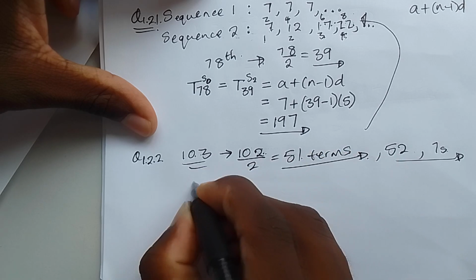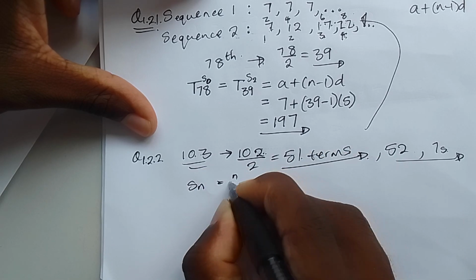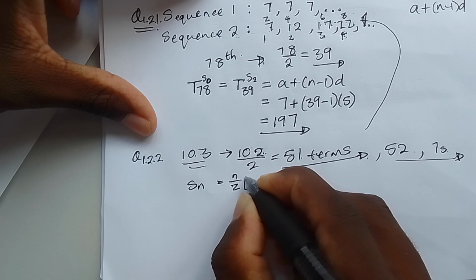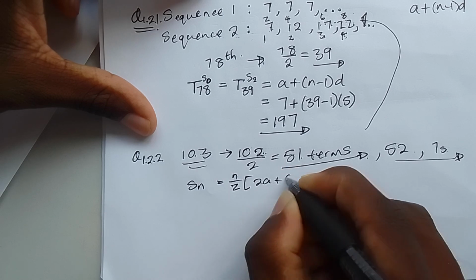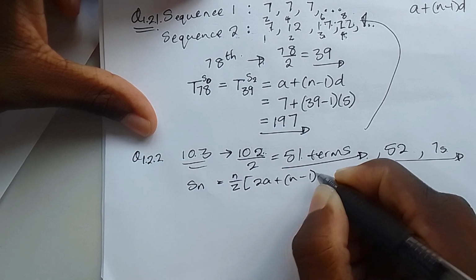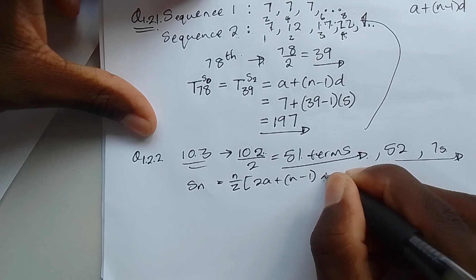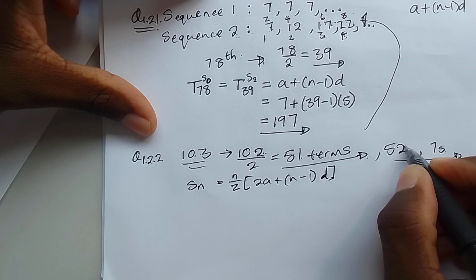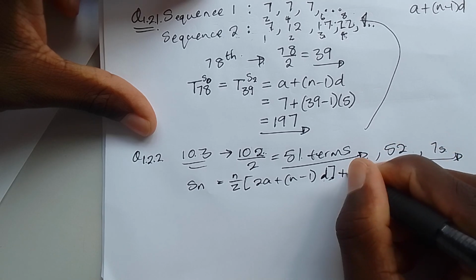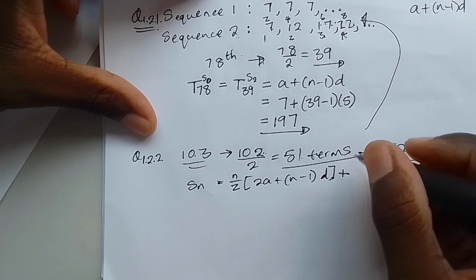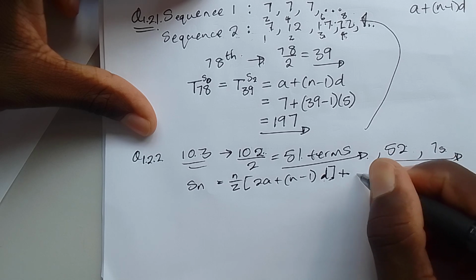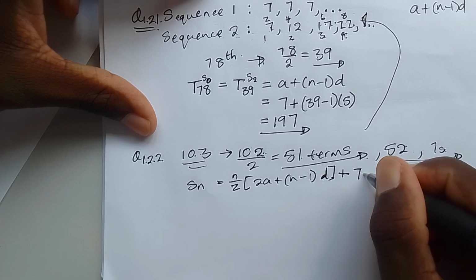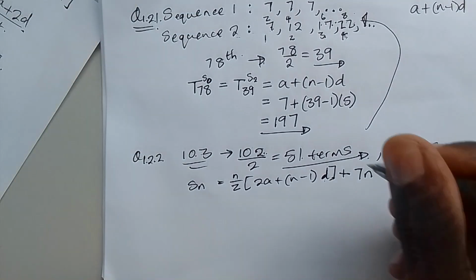For this, we're going to say Sn is equal to n divided by 2 into 2a plus n minus 1 d. Then for the 7s, we're going to say plus, remember, I just said it's just going to be 7s, so it's just going to be 7n, right?